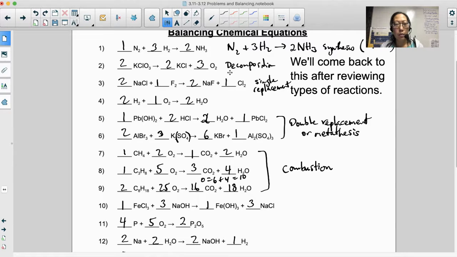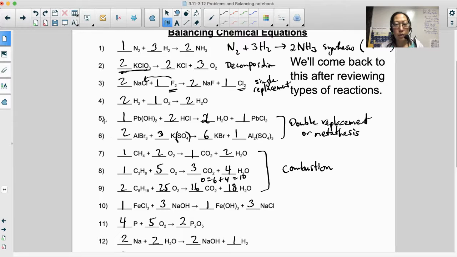Here, a decomposition has one reactant, so one reactant breaking up into two or more substances is a decomposition. Single replacement: if you see a single element and a compound, and that single element replaces an element in the compound and pushes out another single element, this is called a single replacement.